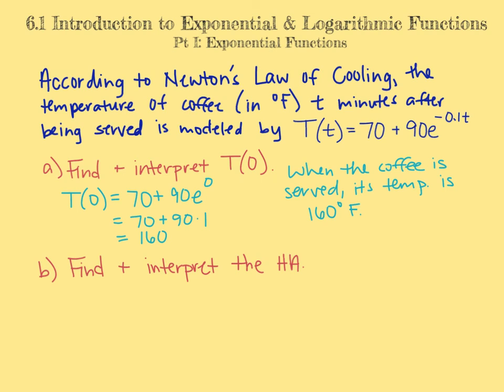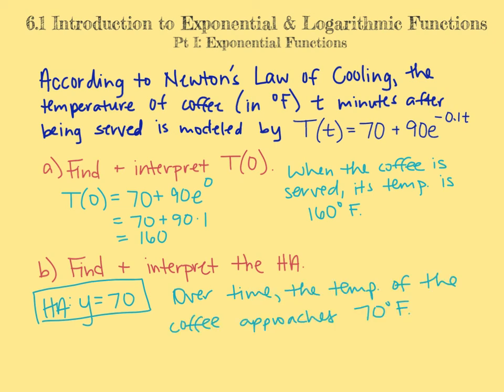Before I said it might mean that the room temperature is 70. It does mean that the room temperature is 70. So y equals 70 is our horizontal asymptote. And so over time, the temperature of the coffee will approach 70 degrees Fahrenheit.